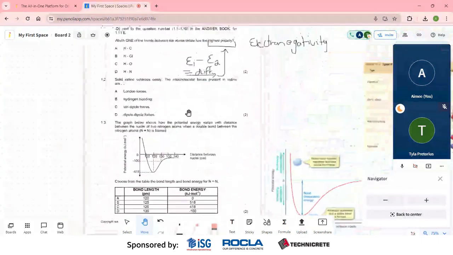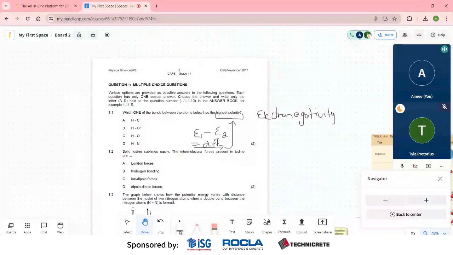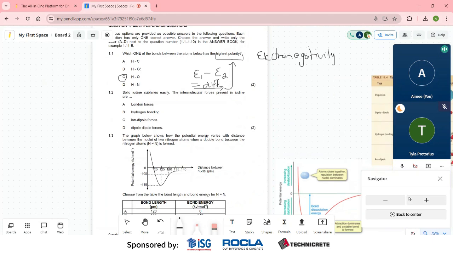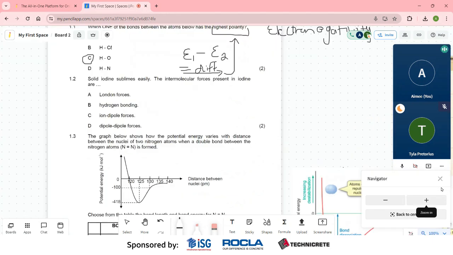So I go back, and I select C. Because C has got the highest electronegativity difference between the two atoms in question, which is synonymous with the highest values of polarity. Okay, moving on.